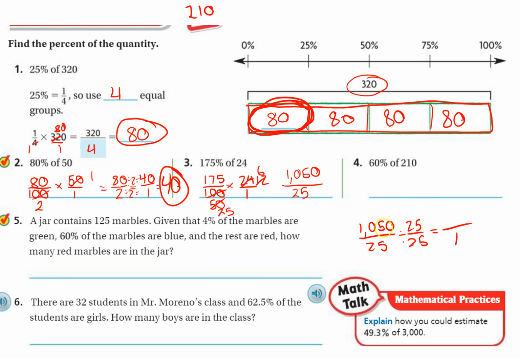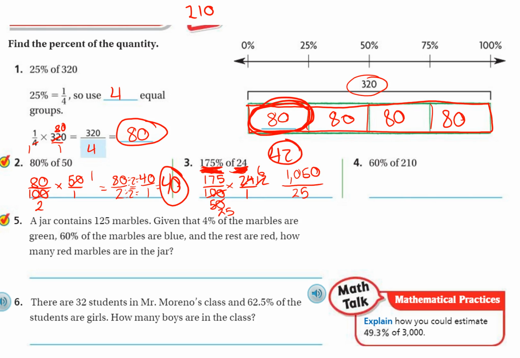And then 2 more times for the 50, so it's going to be 42. So 175% of 24 is 42. You ask, well, how can you get a bigger number? Well, when we say 175% of a number, we're saying more than 100%. So more than 100% of 24 would just be 24. So we're going more than 24. In this case, up to 42.